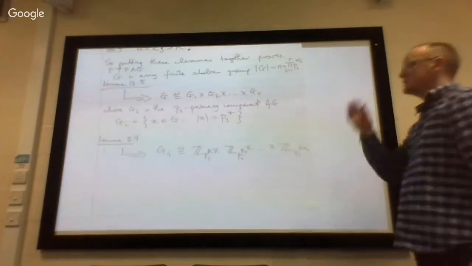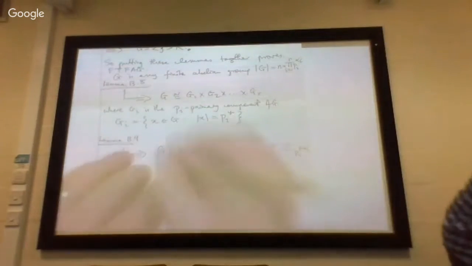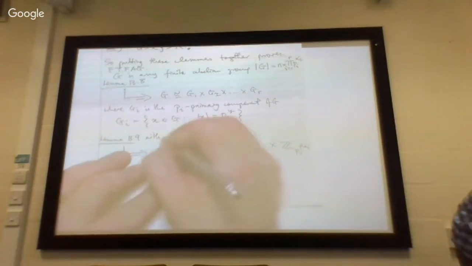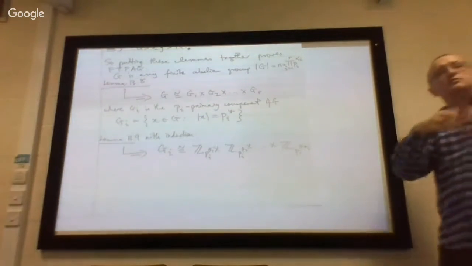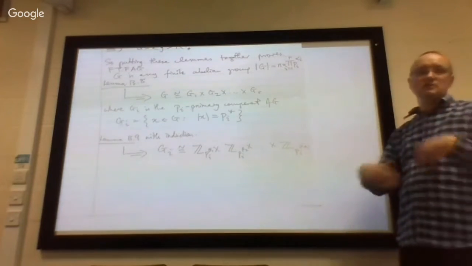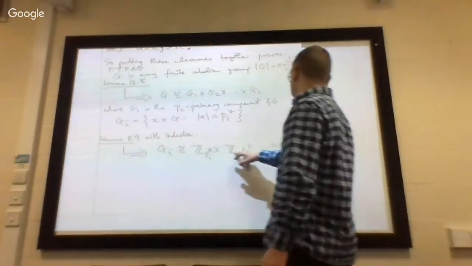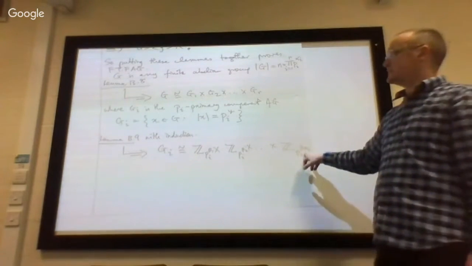Just understand what lemma 13.9 says, and of course you have to use it with induction, because the lemma just tells you how to split off one cyclic subgroup in a direct product with another subgroup. But then that other subgroup is smaller, so by induction you can split something else off that. So each of the p_i-primary components is a direct product of things like these.